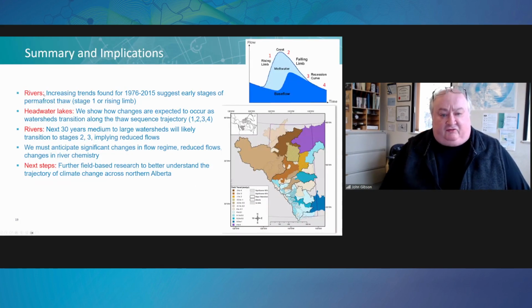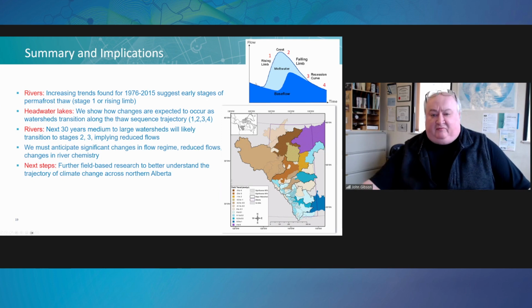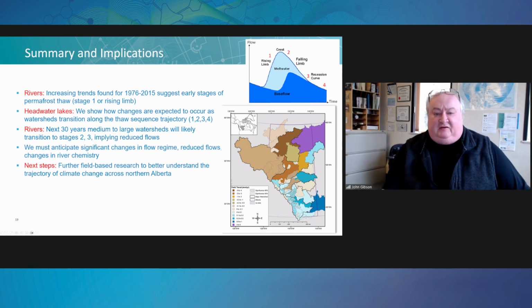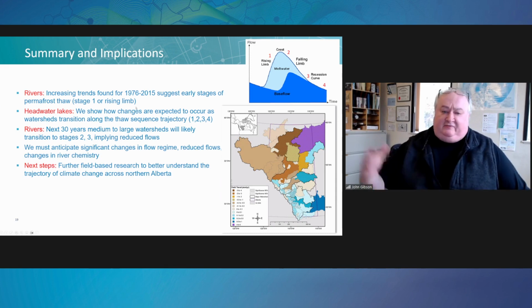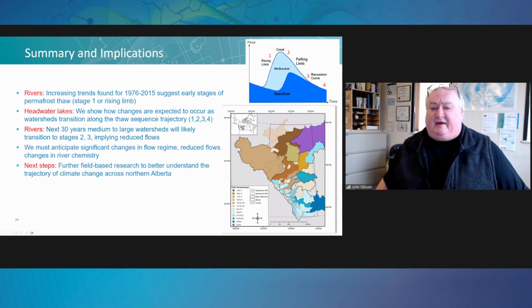So in terms of rivers, I showed you the purple area here, the highest upward positive trend in water yield. We believe that suggests that during the 40-year period from 1976 to 2015, we were still on the high side of melt, and maybe in stage 1 or on the rising limb, but that eventually we're going to go into a situation where the water yields are going down and down.